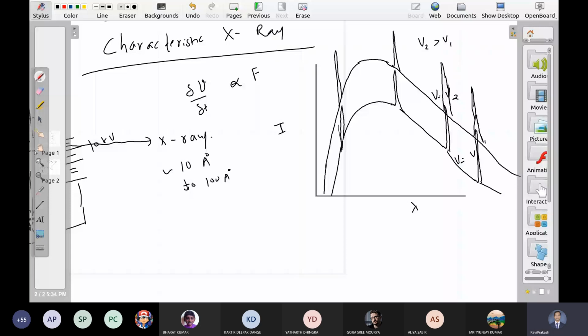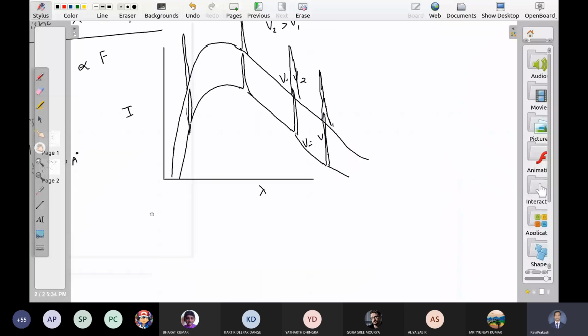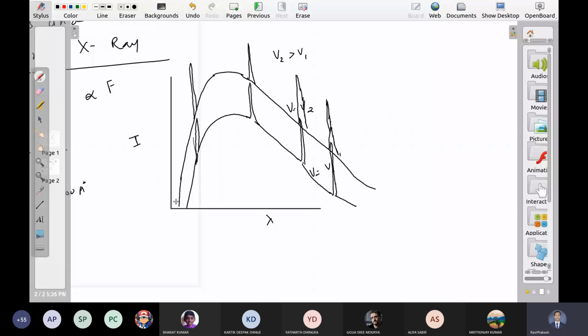So you can see this profile have two types of spectra. One is this continuous variation. एक तो आप देख रहे हैं continuously intensity vary करती है. This is called continuous spectra. And on this continuous spectra, we see some discrete spikes.